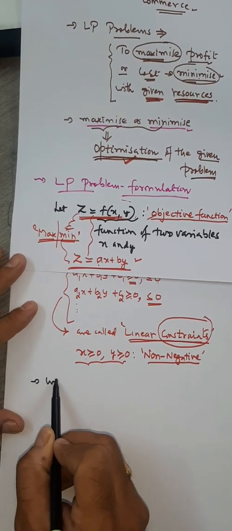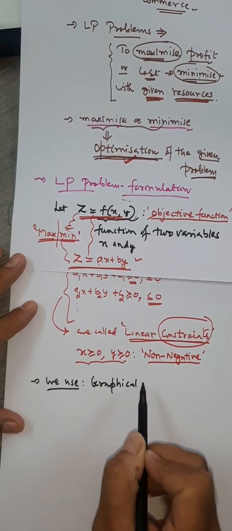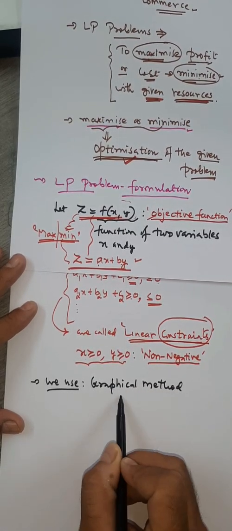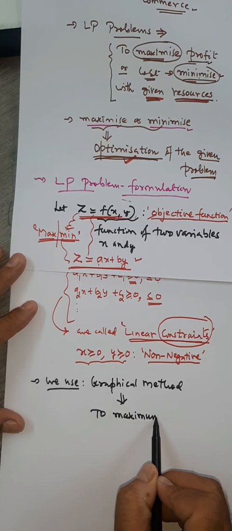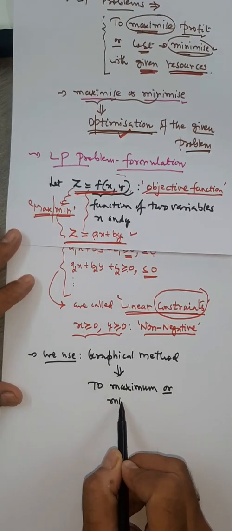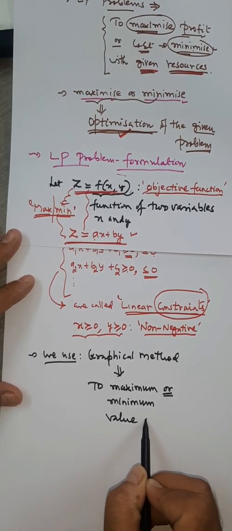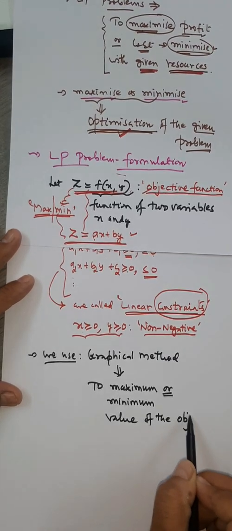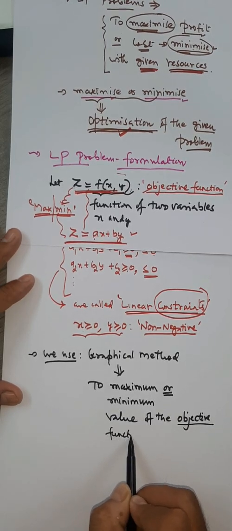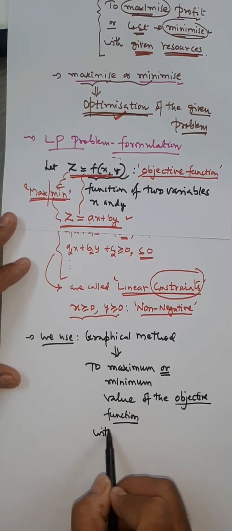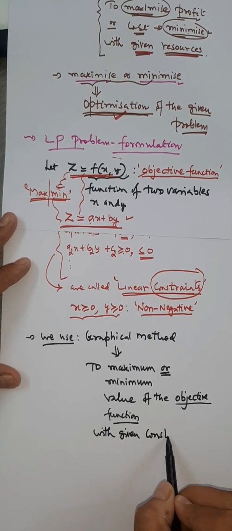Here in this chapter we use the graphical method to find the maximum or minimum value of the objective function under the given conditions, with given constraints.